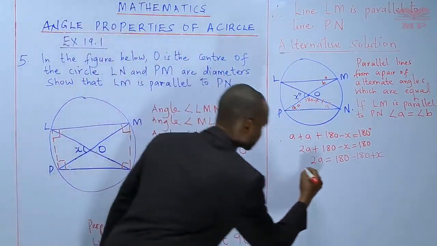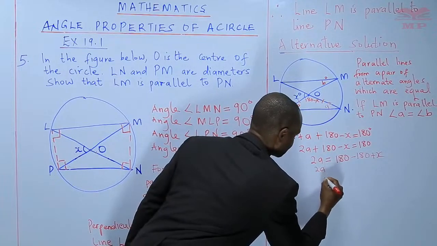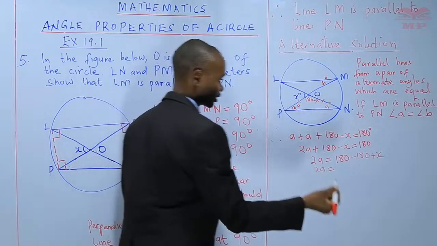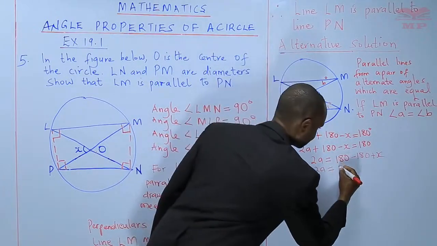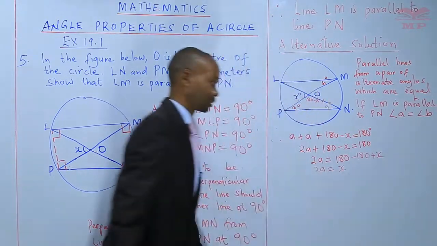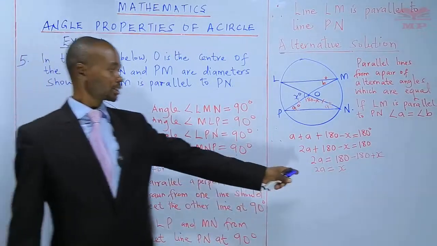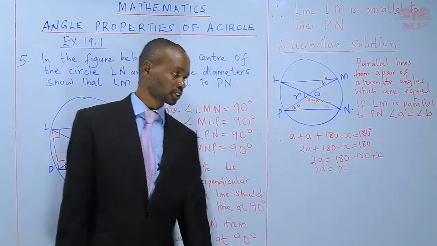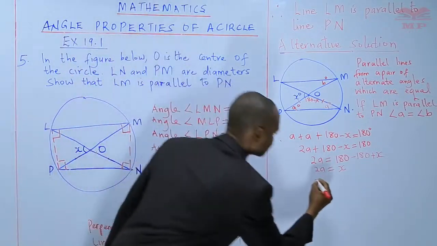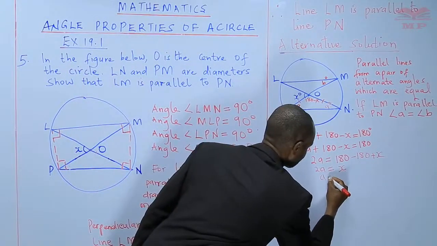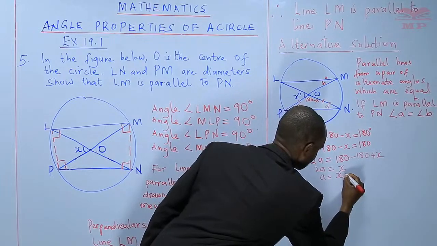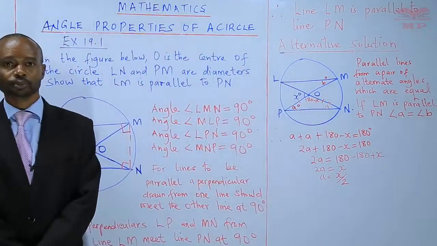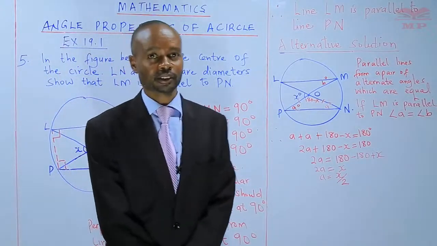So moving down, we shall have 2A is equal to 180 minus 180, which gives 0, then you remain with X. To get the value of A, I'll divide both sides by 2. So A will be equal to X divided by 2. That will be the value of A.